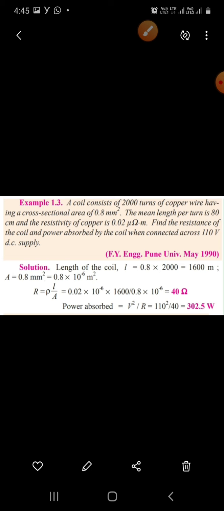When we are calculating the power absorbed, the formula for power is V square by R. So already you know the value of V, which is 110 volt, and we have calculated the value of R. So we put these two values, then it will become 110 square divided by 40. So the power absorbed, after calculation, will come as 302.5 watts.